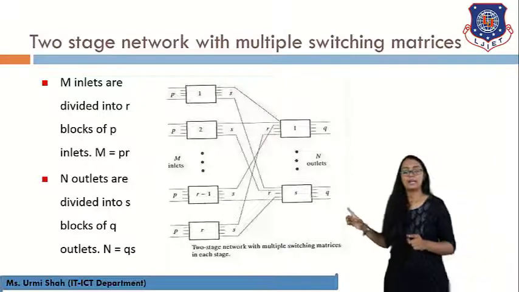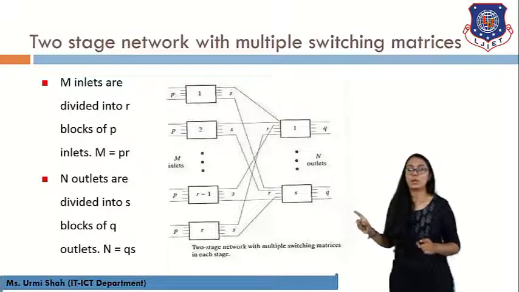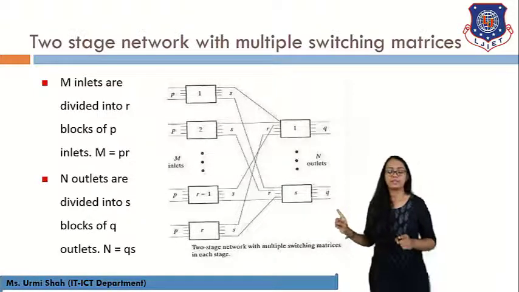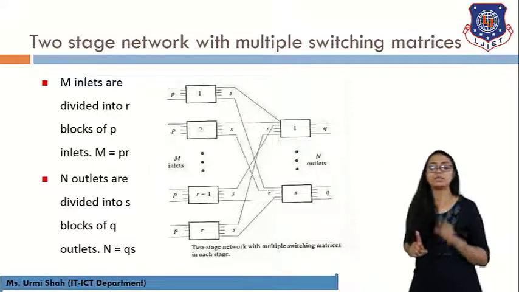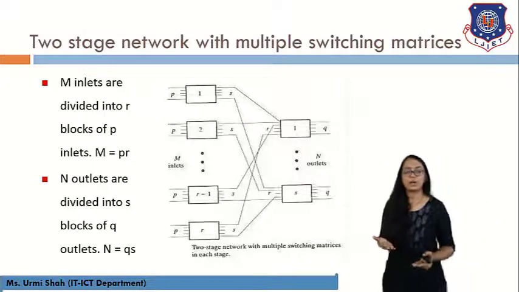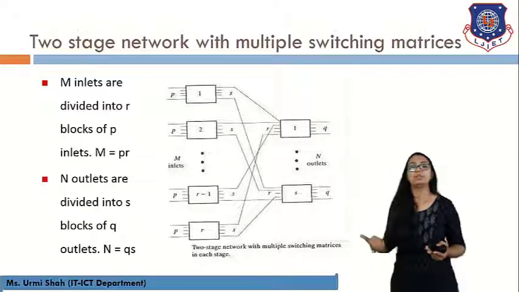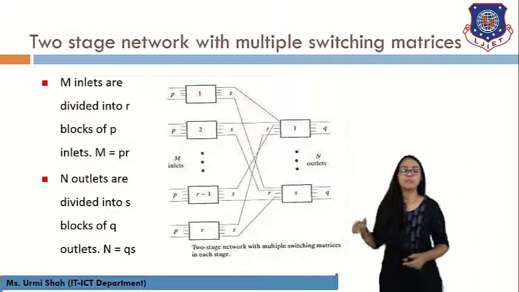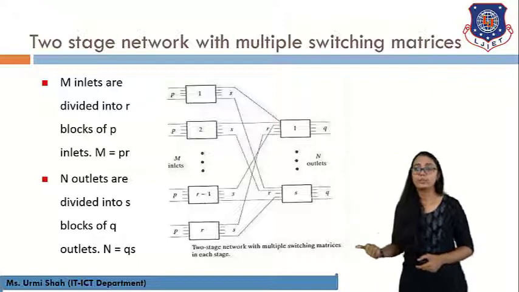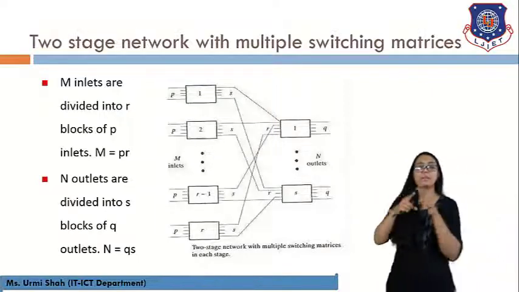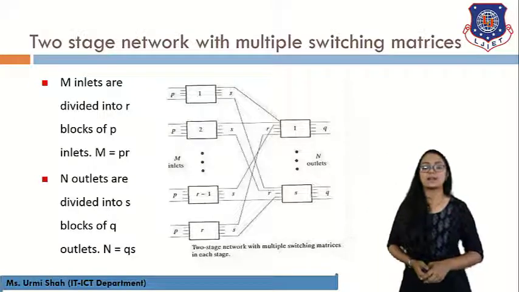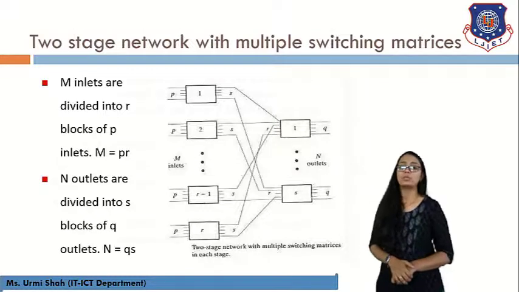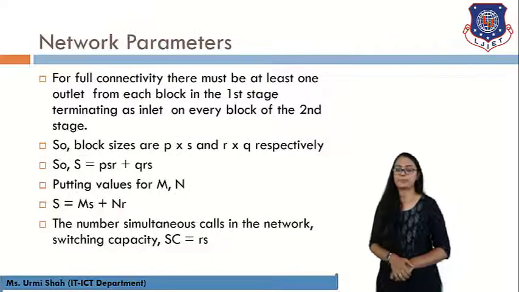The N outlets are divided into S blocks of Q outlets each. So N is equal to Q into S, where S is the number of blocks and Q is the number of outlets per block. This way you can analyze the number of inputs and outputs of the whole network, which comprises multiple switching matrices. This is how the whole switching network is designed.